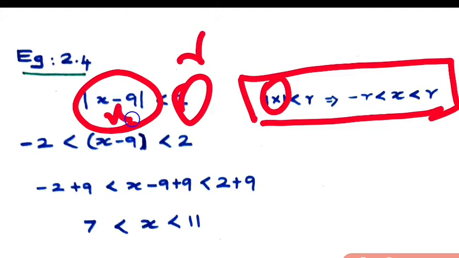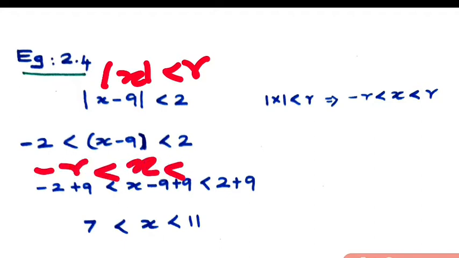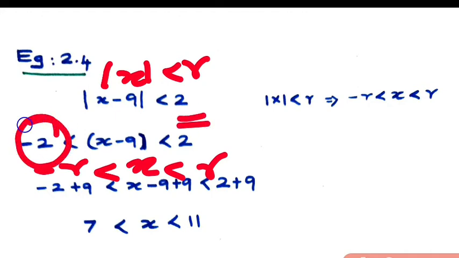So minus r is less than x less than r. Minus r value is 2, so minus 2 is less than x minus 9, less than plus r, which is 2.